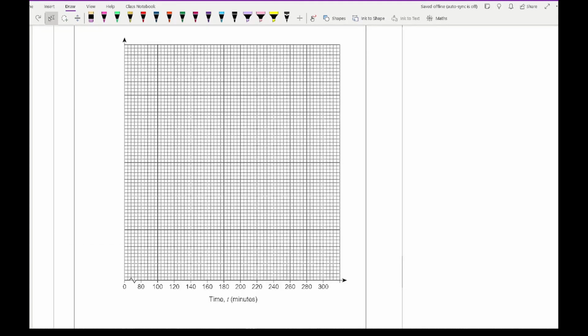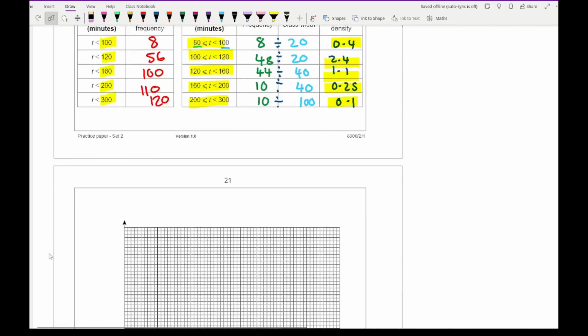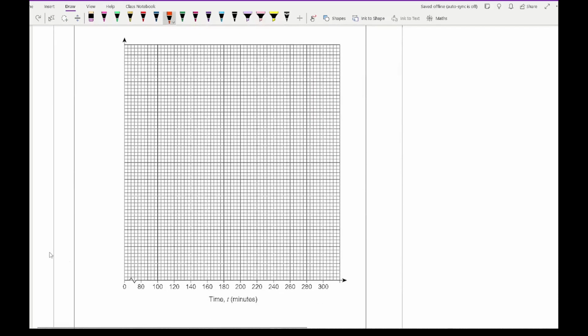Now, when plotting your histogram, you have a blank vertical axis, so you've got a bit of free rein as to what you want your scale to go up to. Because it goes up to 2 decimal places, you may want each big block to represent a half. So that's going to be 1, that's going to be 2, that's going to be 3.